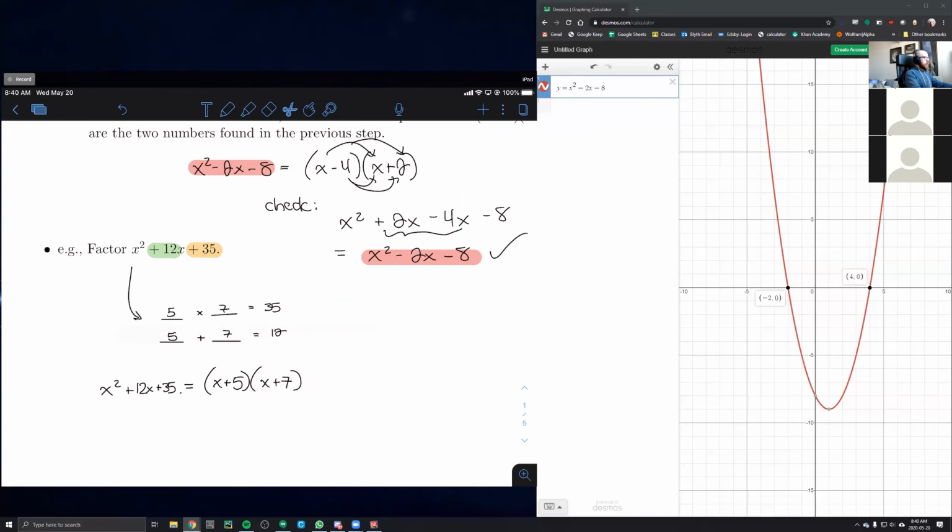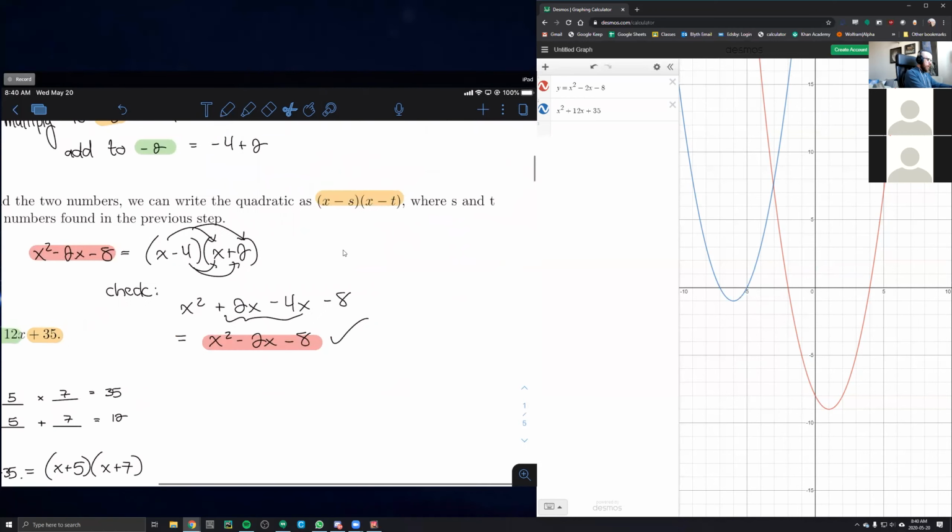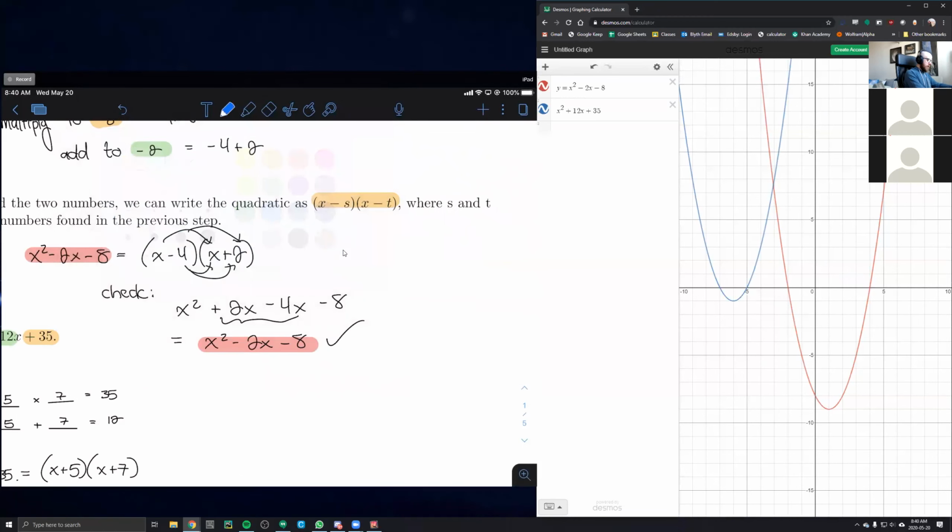And so as I mentioned, going back here, I'll type out the new example as well, plus 12x plus 35. As we saw in the previous chapter as well, factored form tells us where our x-intercepts will be, right? So we know that from the previous example, considering we have x minus 4 and x plus 2, our x-intercepts would be at positive 4 and negative 2.